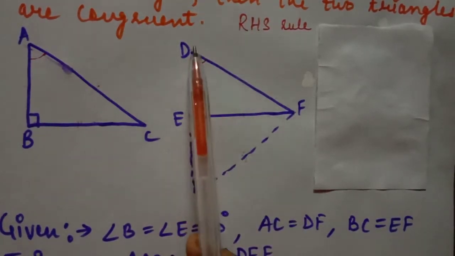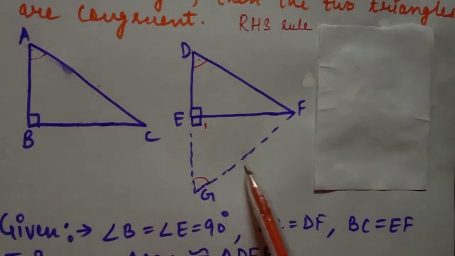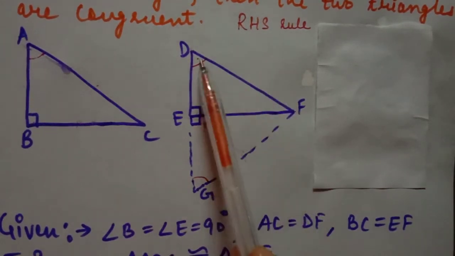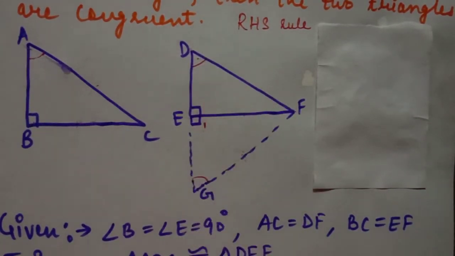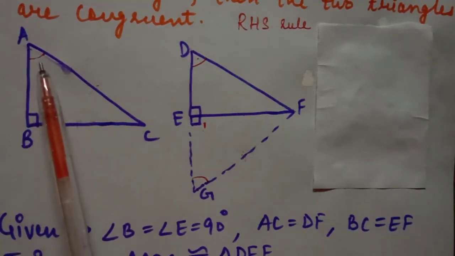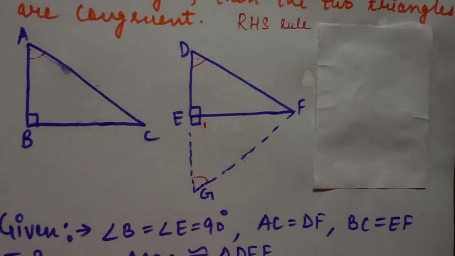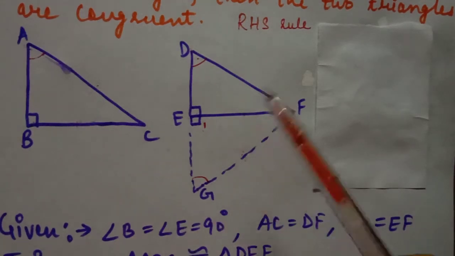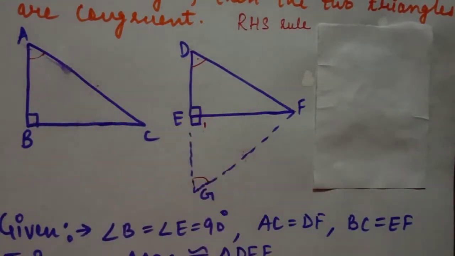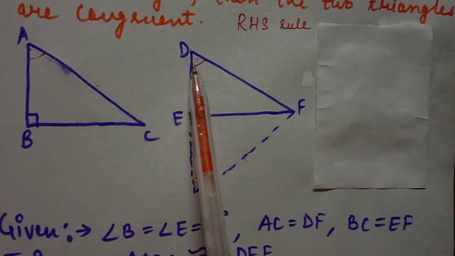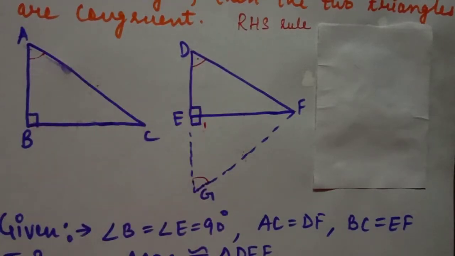So in this triangle DFG, these two sides are equal to each other. So their base angles, angle D and angle G, are also equal to each other. But we proved a minute ago that angle A and angle G are equal to each other by CPCT. So definitely angle A and angle D are also equal to each other. So our motive is now fulfilled. We got one element in equality in these two triangles.